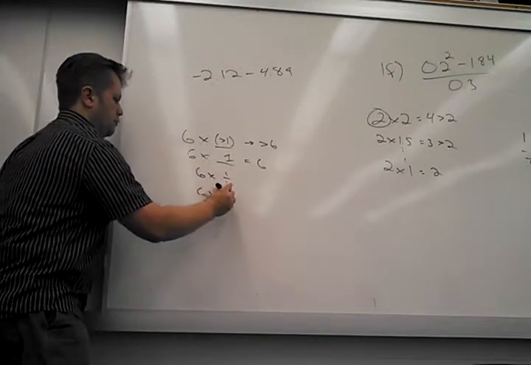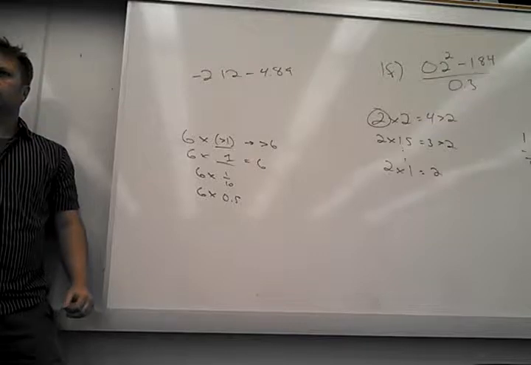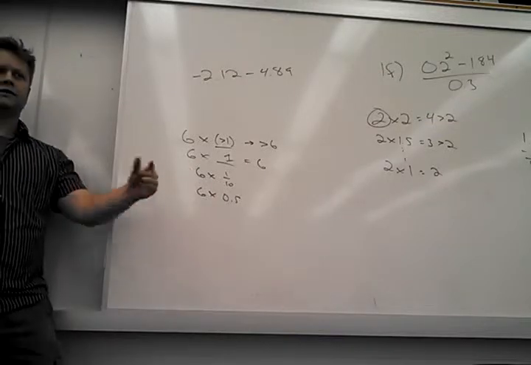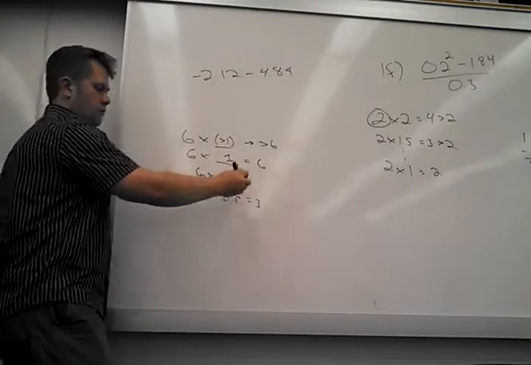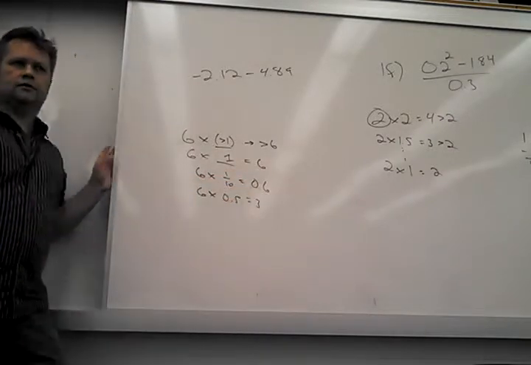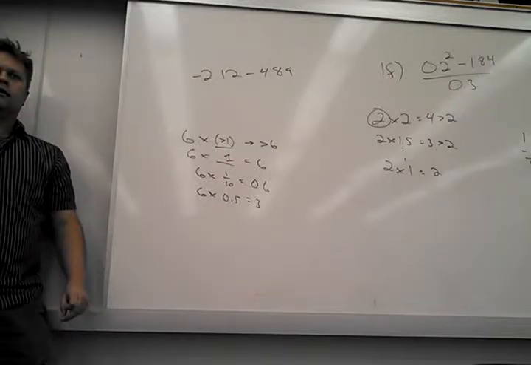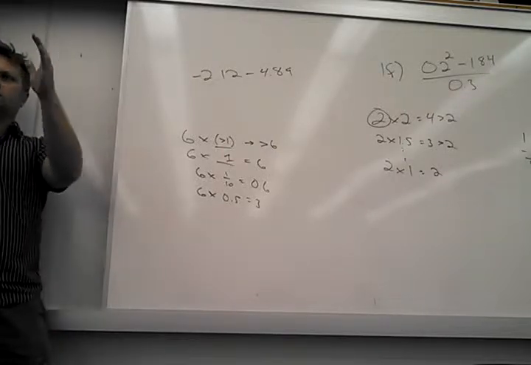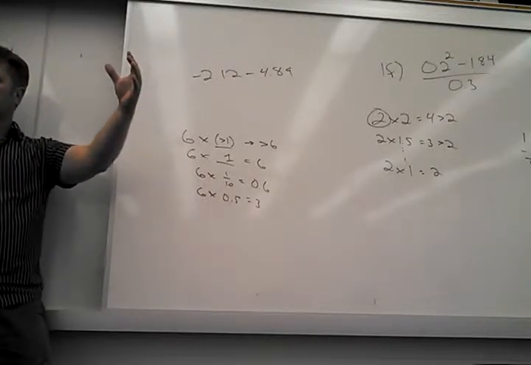I can multiply by 0.5. What's 6 times 0.5? 3. Half of 6 is 3. 6 times 1/10 would be 6/10, 0.6. So if you multiply anything by a fraction between 0 and 1, you're going to get a smaller thing than what you started with. Does that make sense?